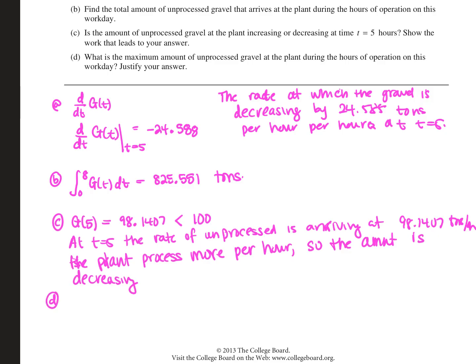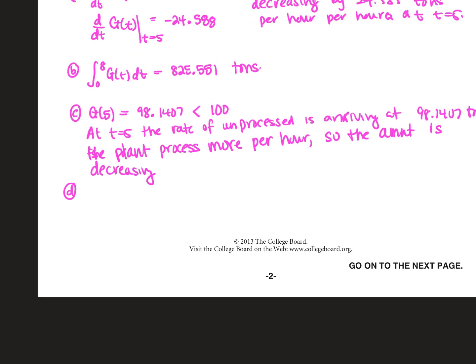Part D. What is the maximum amount of unprocessed gravel at any point during the hours of operation on this workday? Okay, so we're going to talk about how much is being accumulated throughout the workday. Remember, before we started, there was already 500 tons in there. From 0 to 8, we are dropping it off like G of T, but we're also processing 100 tons per hour.